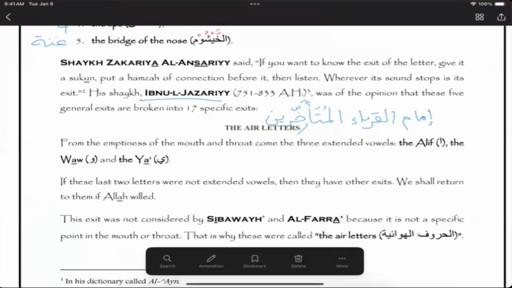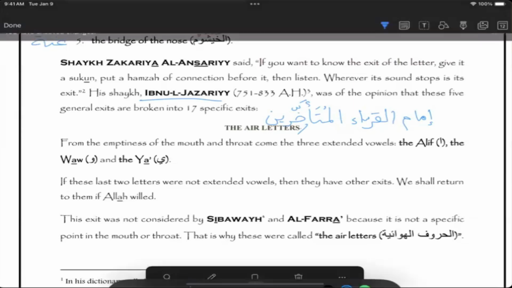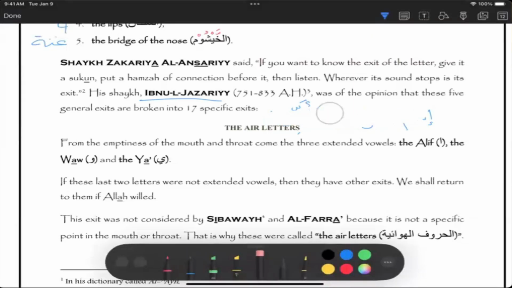Ibn al-Jazari, the sheikh of Zakaria al-Ansari, the one who is the imam of the latter-day reciters, was of the opinion that these 5 general exits are broken into 17 specific exits. So the first one is the air letters.